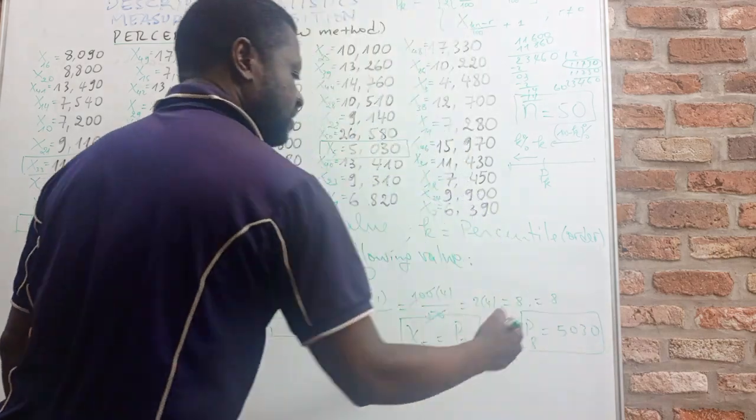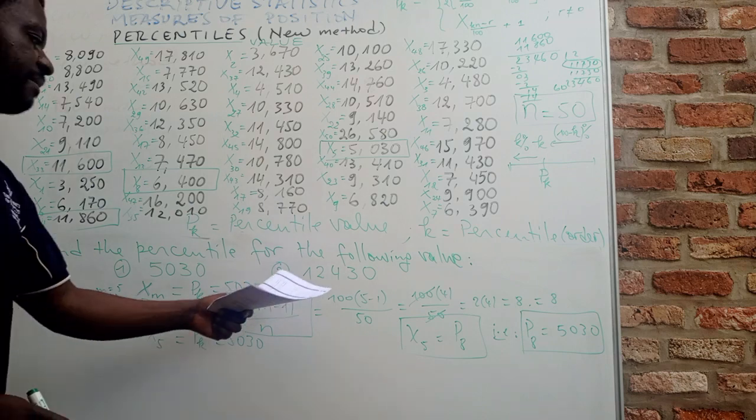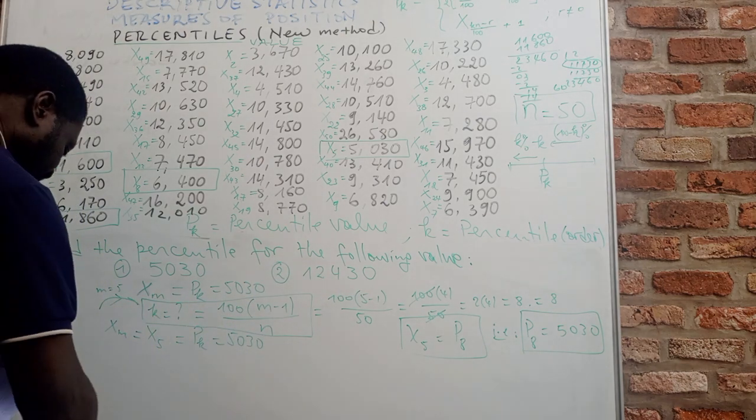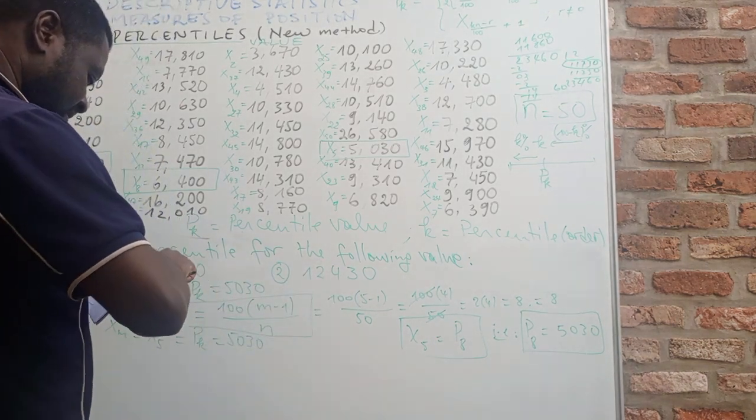Okay, 50 is the percentile of order 8. So in a similar manner, we can go on with the second question. For the second question, let me use this color.